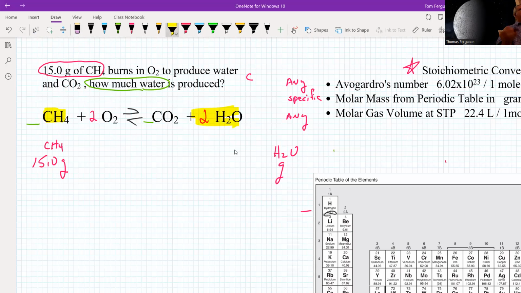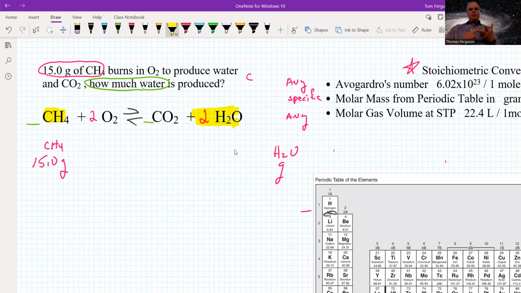Just like in lab 10 on hydrates, we were looking at the ratio of moles of water versus moles of copper sulfate. There's a ratio there, and that determines the N value. Okay, so we don't care about anything else. All we care about is the coefficient for the given and the coefficient for the calculated.